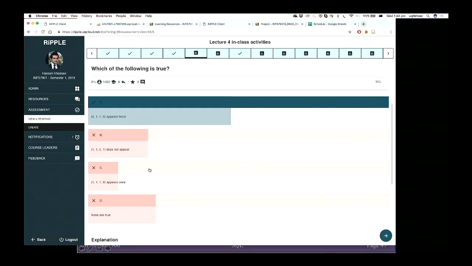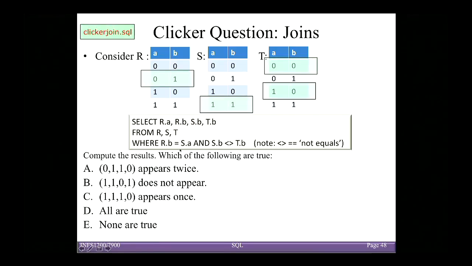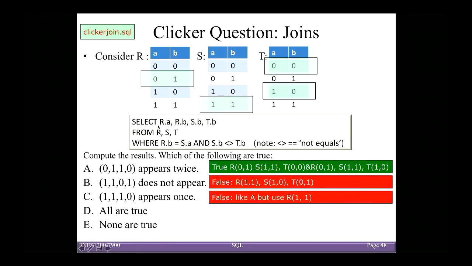So most people are going for A, though quite a few are going for other responses. So, process of elimination. First of all, note what you're returning is R.A, R.B, S.B, and T.B, right? So that's important. What's in the select is going to be those four things.